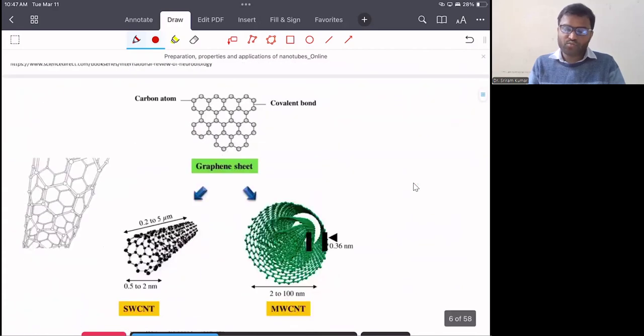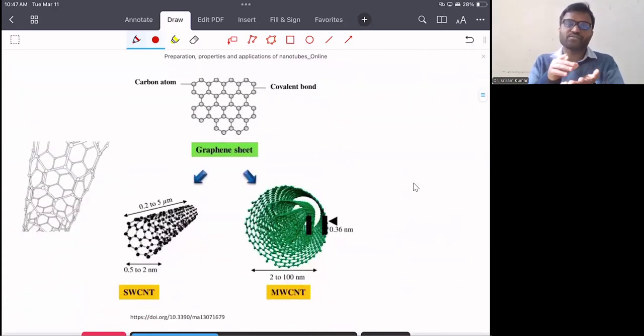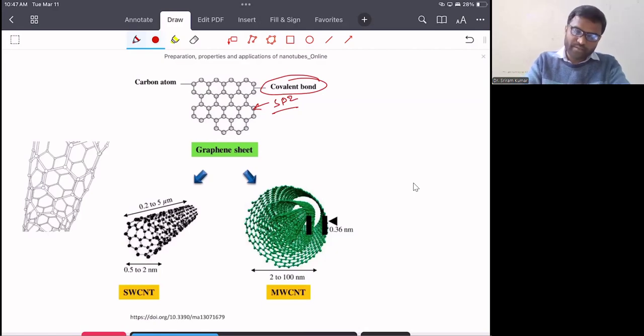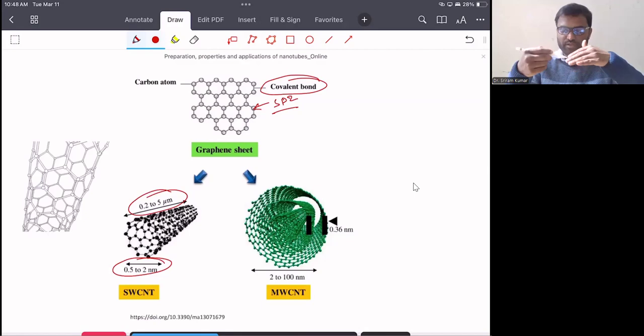And if you want to know the structures, let's start with the graphene. Here in the graphene, each carbon is sp2 hybridized, and the carbon-carbon bond is covalent in nature. If you roll it up, the diameter of a single wall CNT is in the range of 0.2 to 2 nanometer, and the length of this tube is from 0.2 to 5 micrometer.